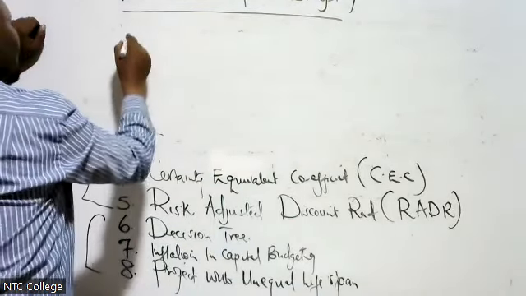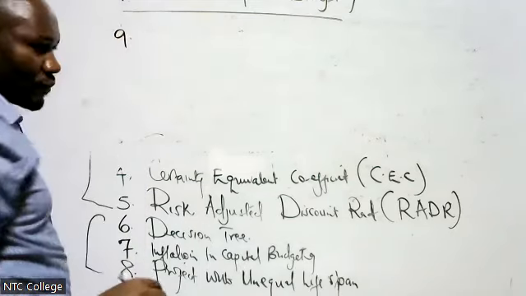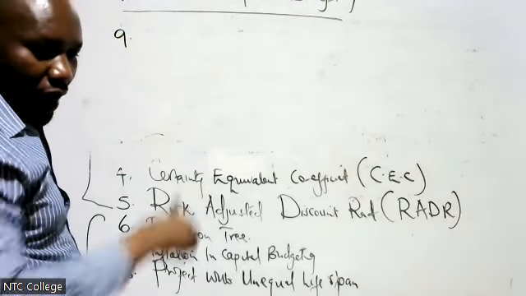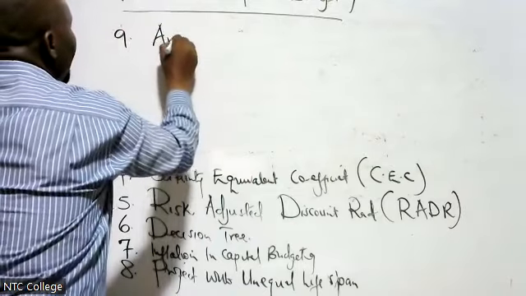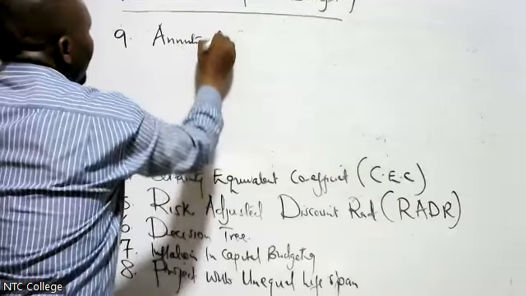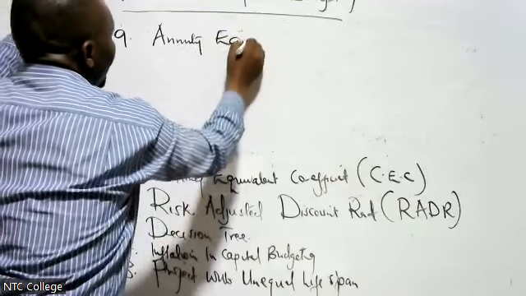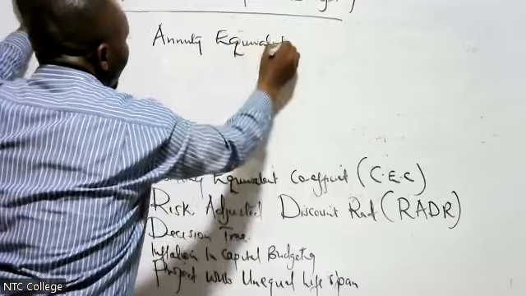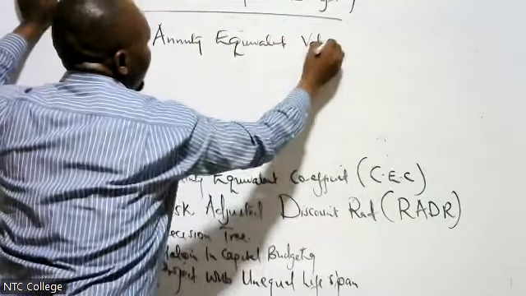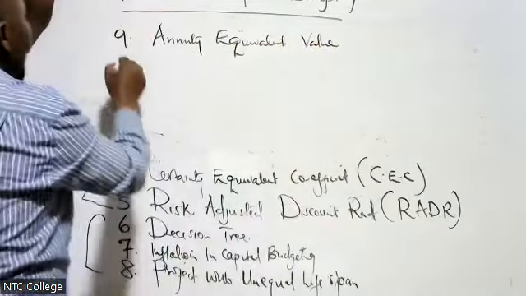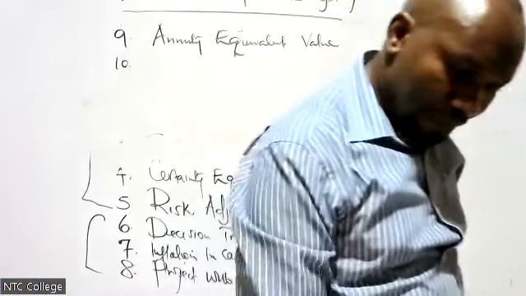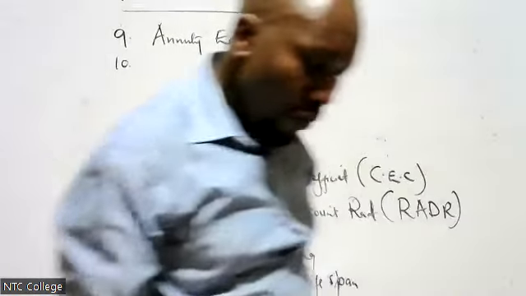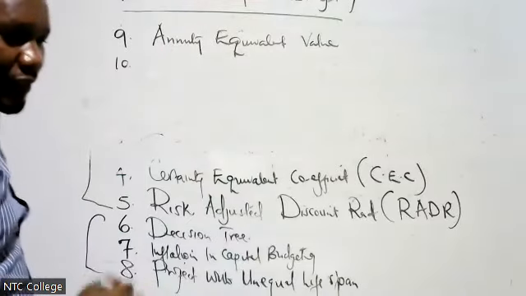Number 9. Annuity equivalent value. Then we have replacement analysis.